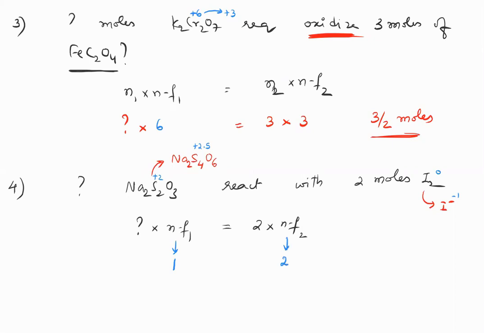So N factor for iodine is 2. So in the hypo and iodine reaction, these are always the fixed N factors. So remember. Okay. So your number of moles you get as 4 moles. These are very frequently and commonly given questions. So this is how you can solve for number of moles and do the question.